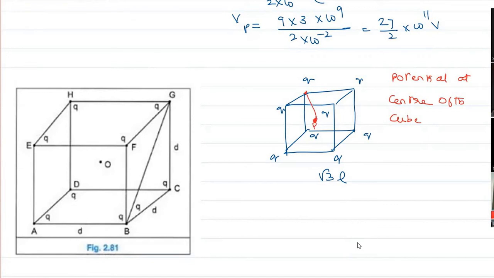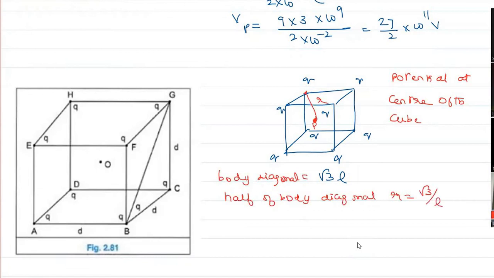This lies along the body diagonal. What is the body diagonal of the cube? It is given by the formula root 3L, right? R is half of the body diagonal, that is nothing but R we have taken. That value is root 3 by 2 L.